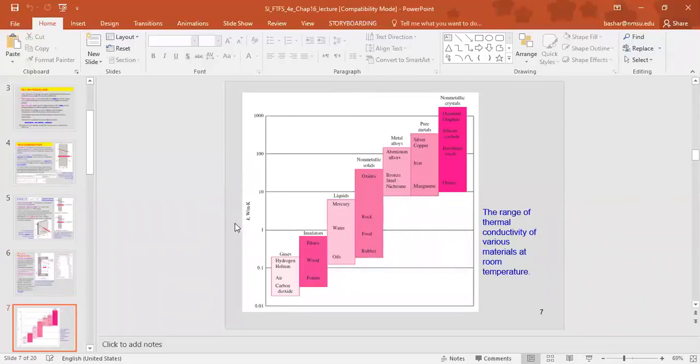Here, the thermal conductivity is classified into different categories.